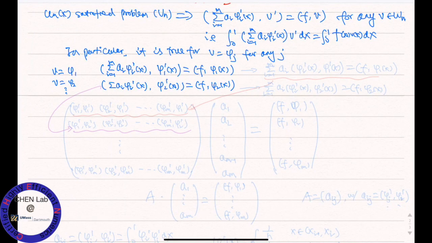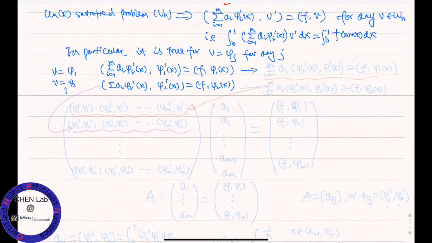This integral is linear in the first part. So in particular, we can write down the integral of the sum is the sum of integrals, and then the a_i is constant. a_i has no x in it, so we can move out the a_i.